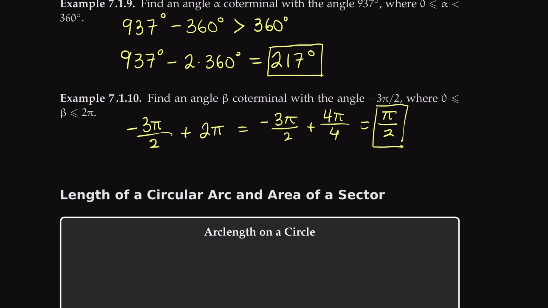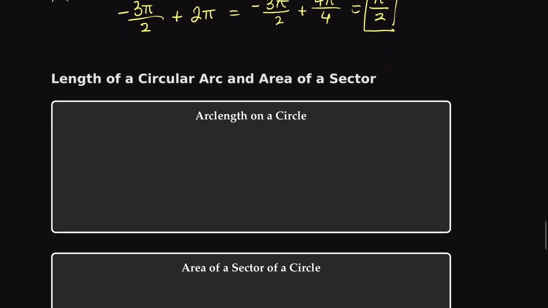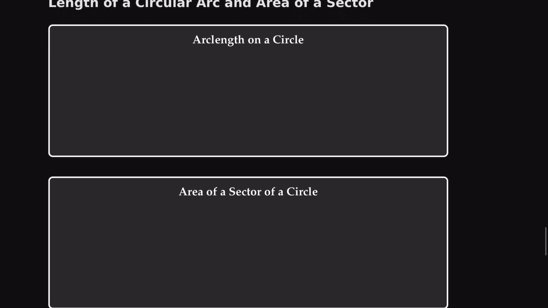Now, as a final topic in this section, what we're going to do is look at two formulas involving circles, and these two formulas actually need to be written in terms of radians, or at least it's easier to write a natural-looking formula in terms of radians. And so here's the idea.